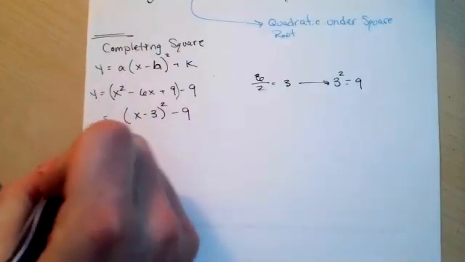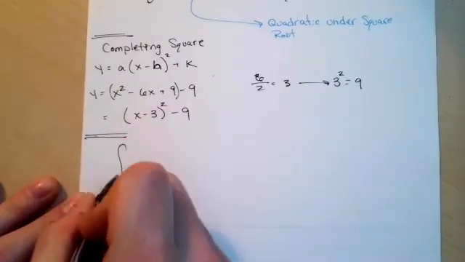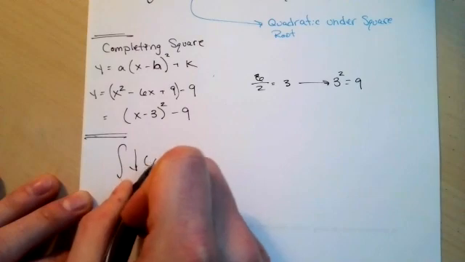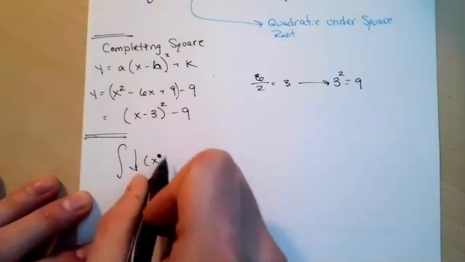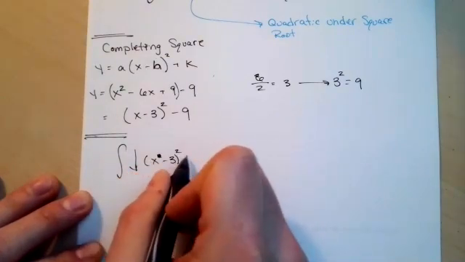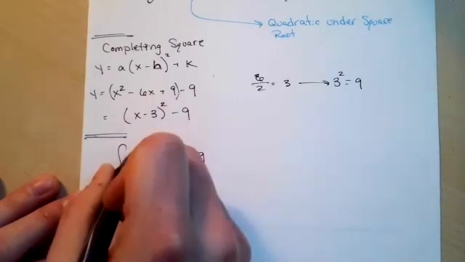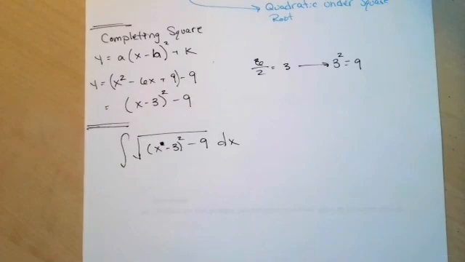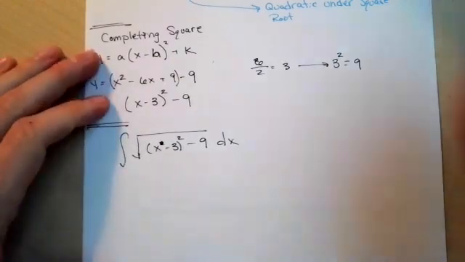So really what our integral is, in a little bit of a nicer form, is the square root of x minus 3 quantity squared minus 9 dx. And now what do we have?